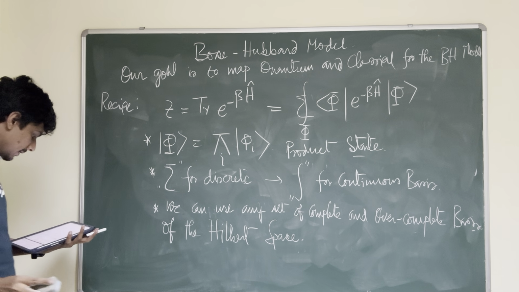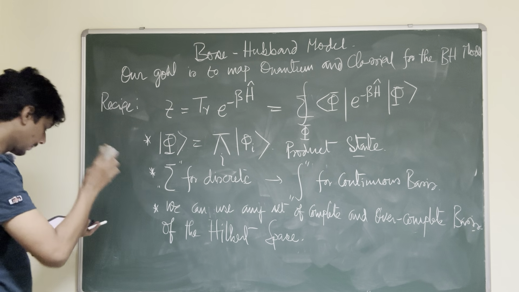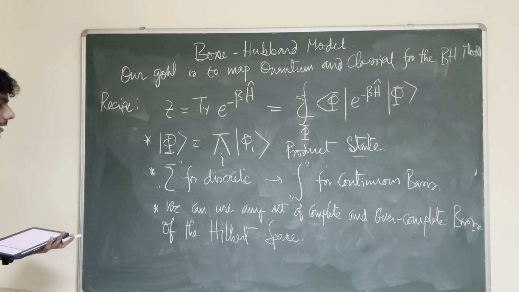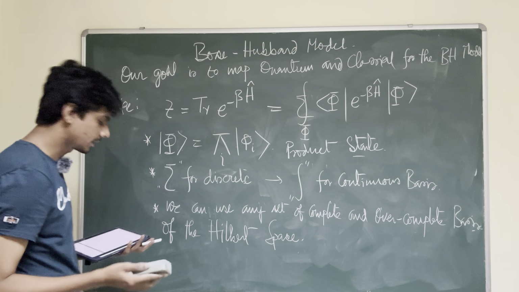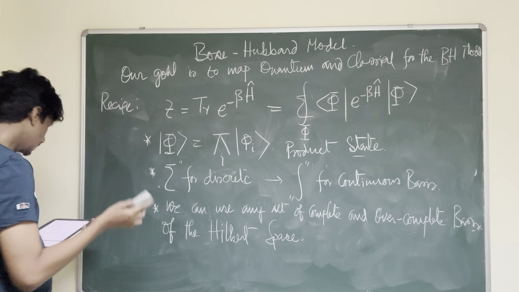Now the question may arise: how can the partition function be treated with the Trotter trick?